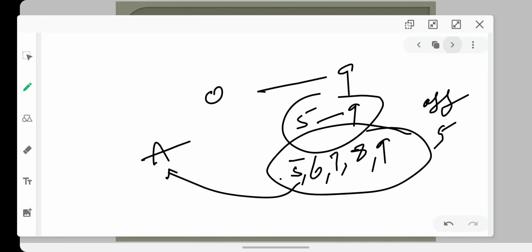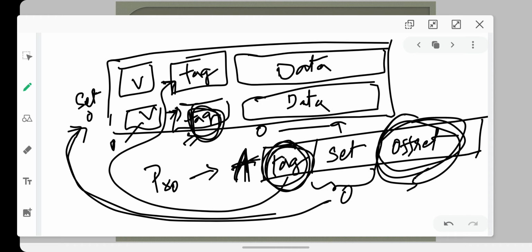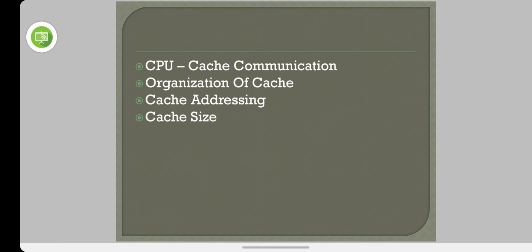From the offset, you read all the particular words of data up to the LSB. This is how the cache addressing happens between the processor and the cache.